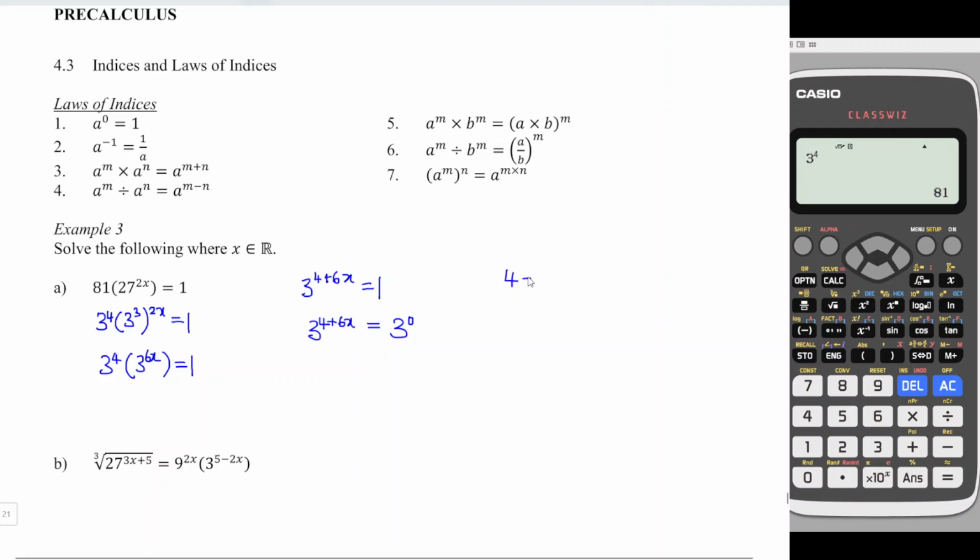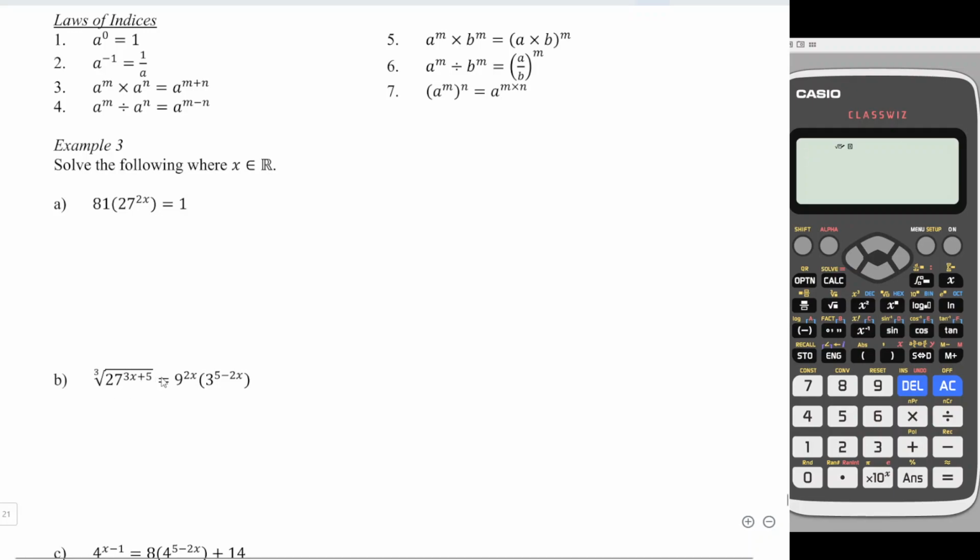So we have 4 plus 6x is equal to 0, which means that x is equal to, bring 4 to the right hand side to become negative, 6 bring to the right, times 6 becomes divide by 6. The answer is negative 4 over 6, and we obtain negative 2 over 3, and we are done.